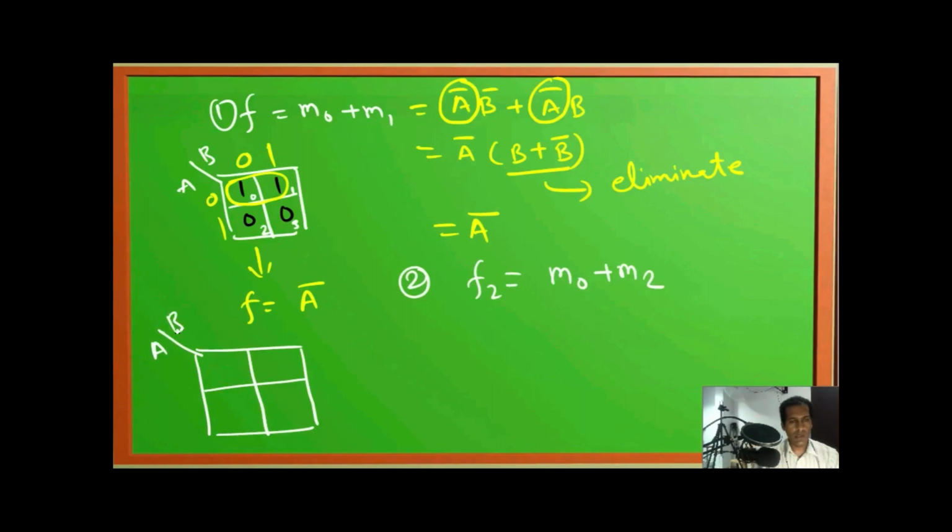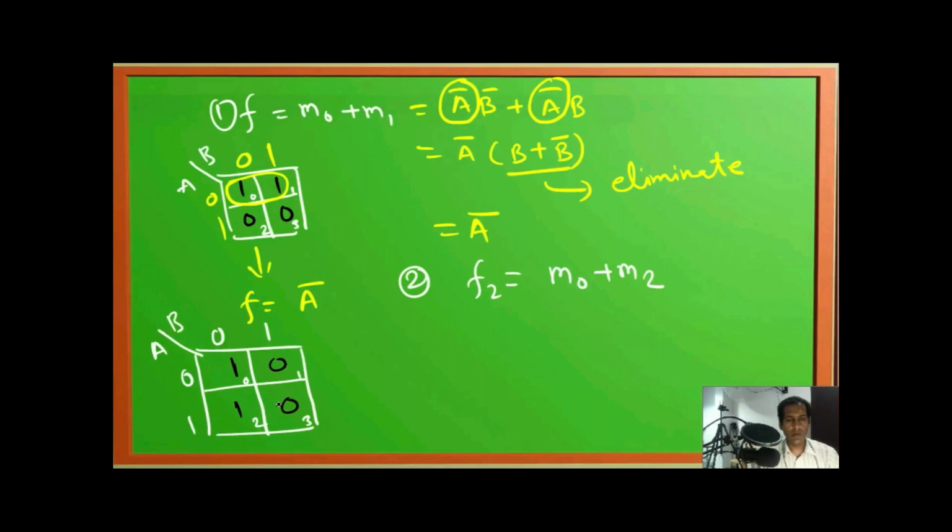This side we have A, this is B, 0 1, 0 1. So this is 0 1 2 3. We are saying m0 and m2. m0 is here, so it will be 1. m2 is here, so it will be 1.